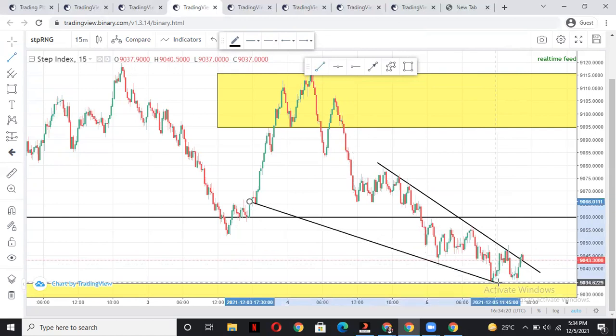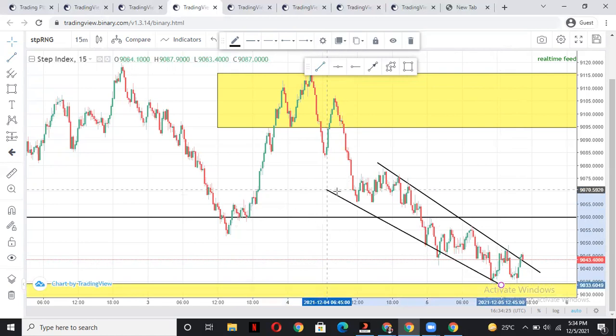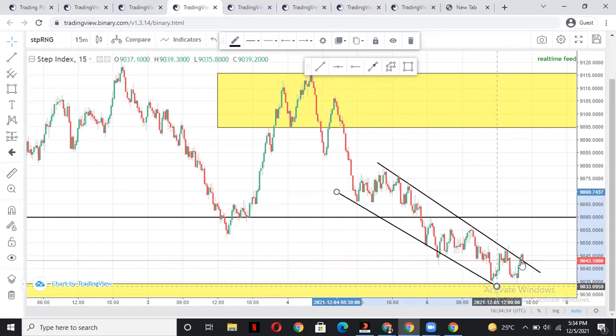We have a descending wedge, which price has broken out of in a way, and I'm expecting a further move. This is a reversal pattern.